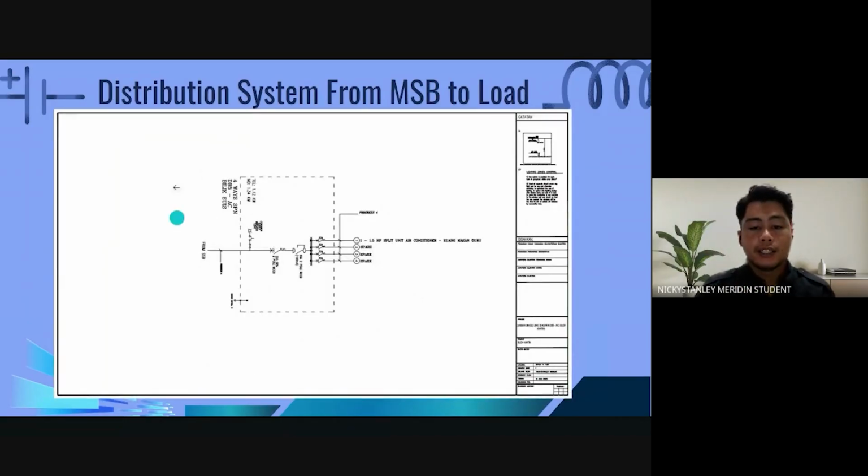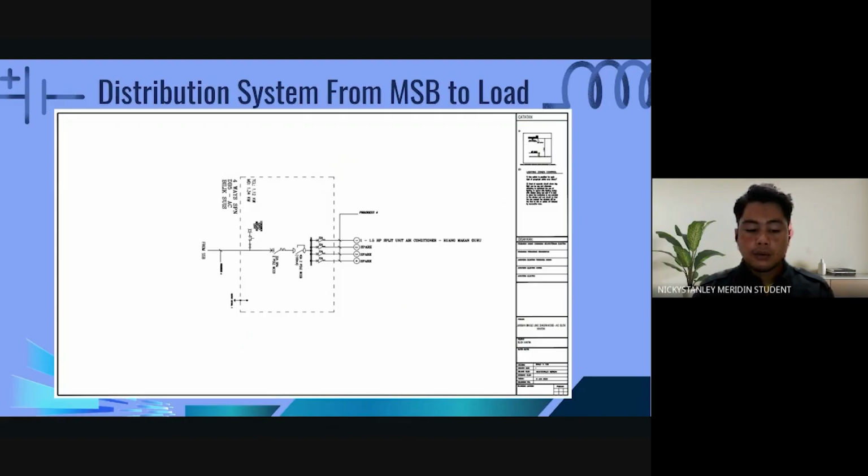Okay, this is the single line diagram for the aircon. Why do we use single phase? Because when we calculate the MD, the total MD for this DB does not exceed 10 kilowatt, 10 kV.